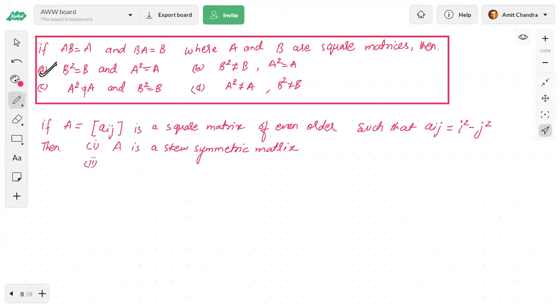Second, A is a symmetric matrix. Just find out whether A is a symmetric matrix or a skew symmetric matrix.